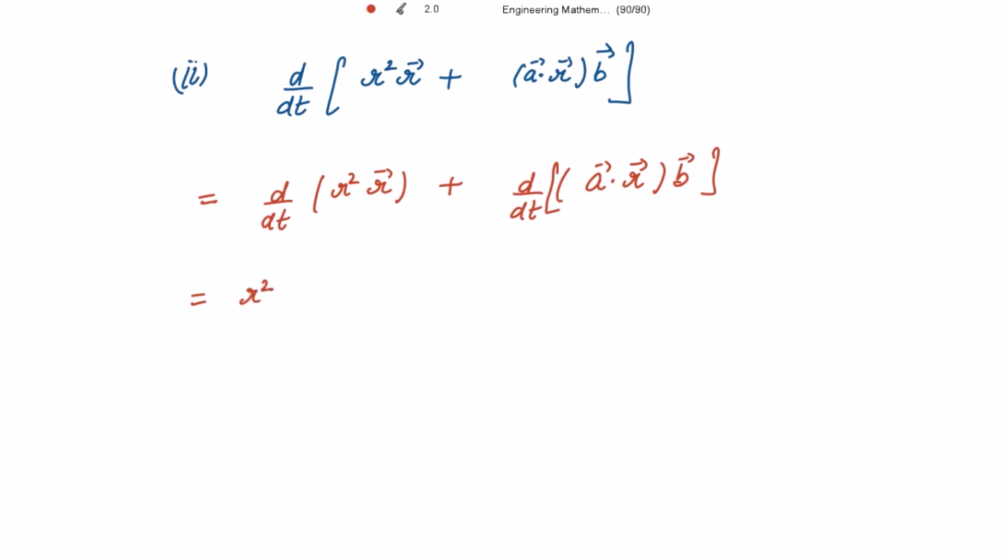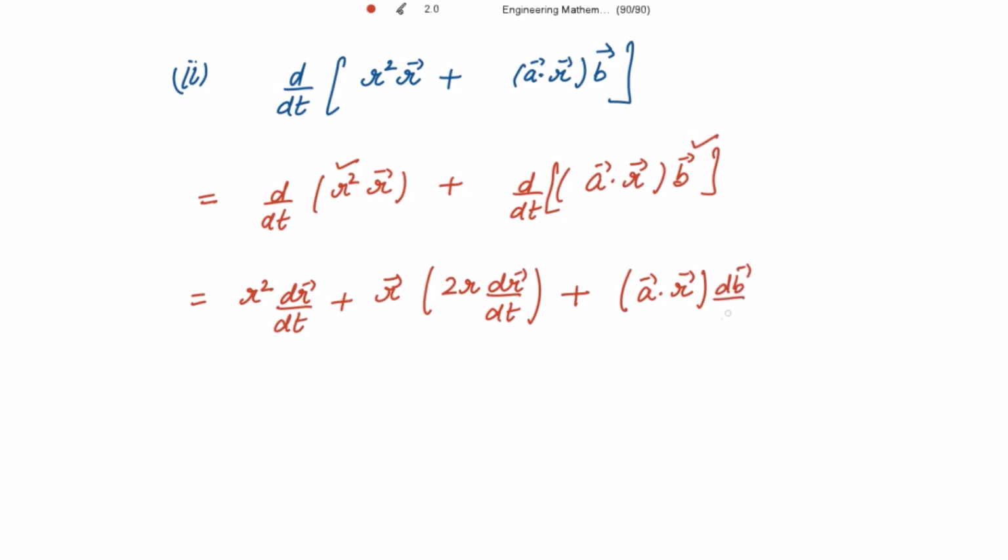So first function derivative of second plus second function derivative of first, that is 2r dr by dt. This is a sign for multiplication. Let me write like this. Okay, plus derivating this one. Writing the first function, taking the derivative of the second function, plus writing the second function and the derivative of the first one.